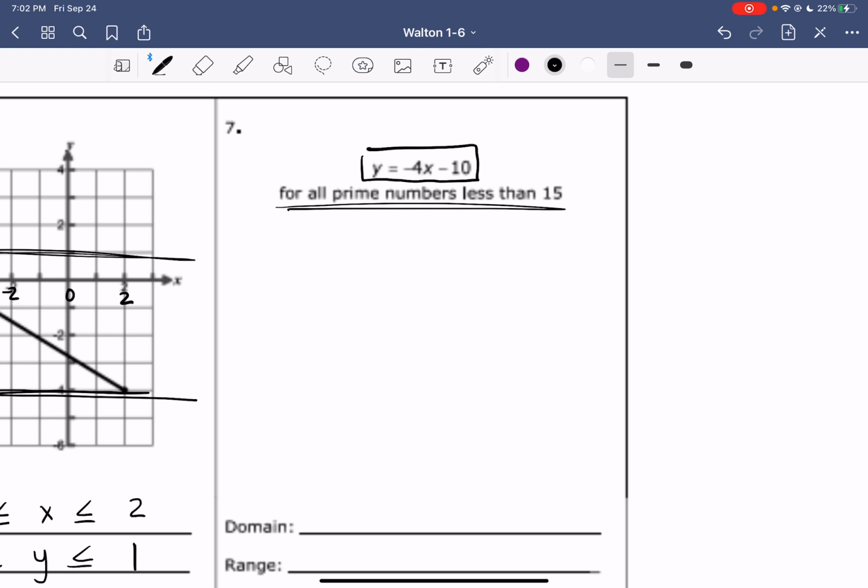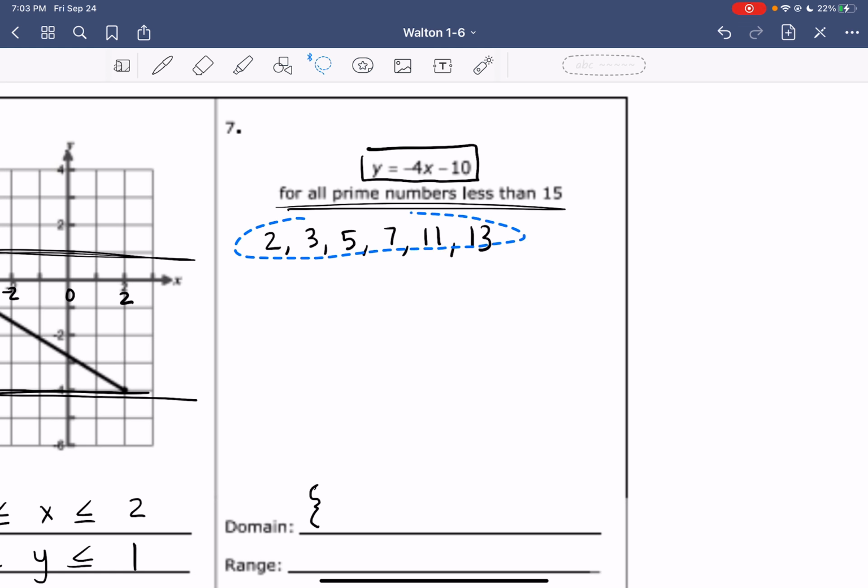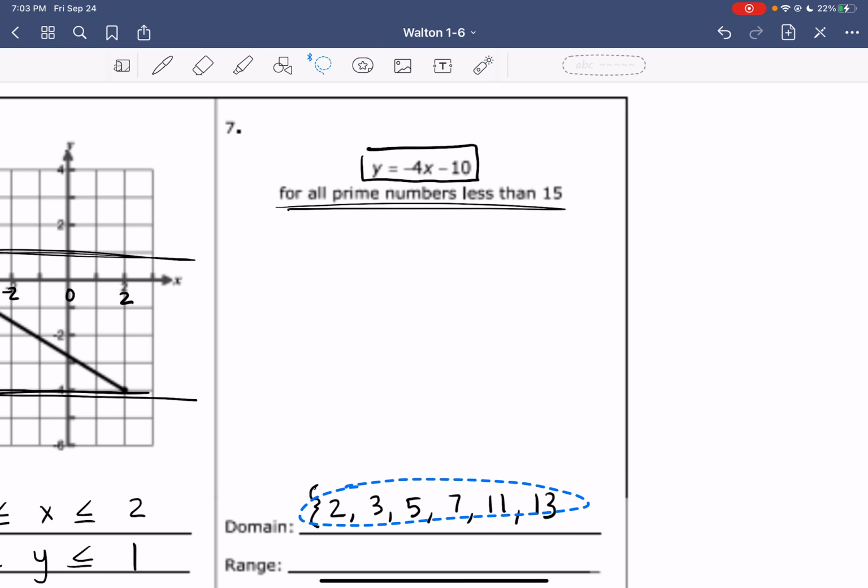So our list is going to be 2, 3, 5, 7, 11, and 13. Pretty sure I got them all. So these here are going to be our x values. So these end up being our domain. I'm going to see if I can just take these, move them down.